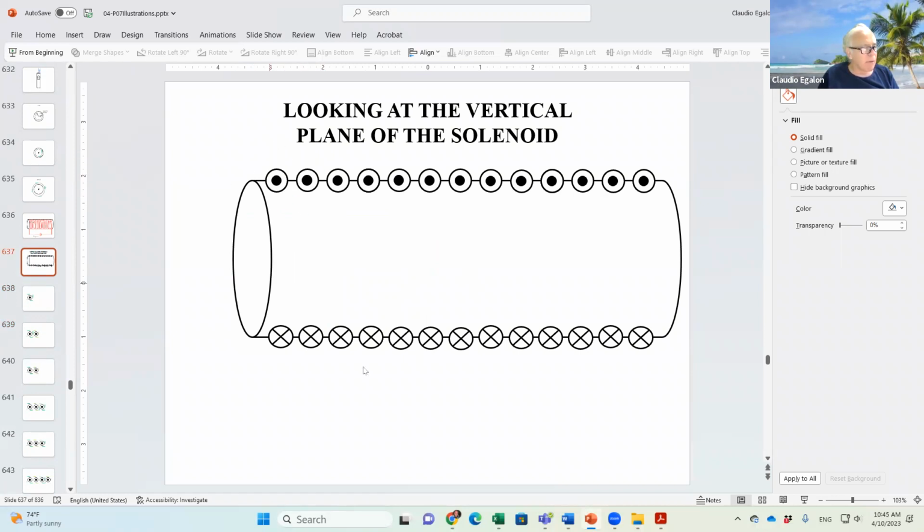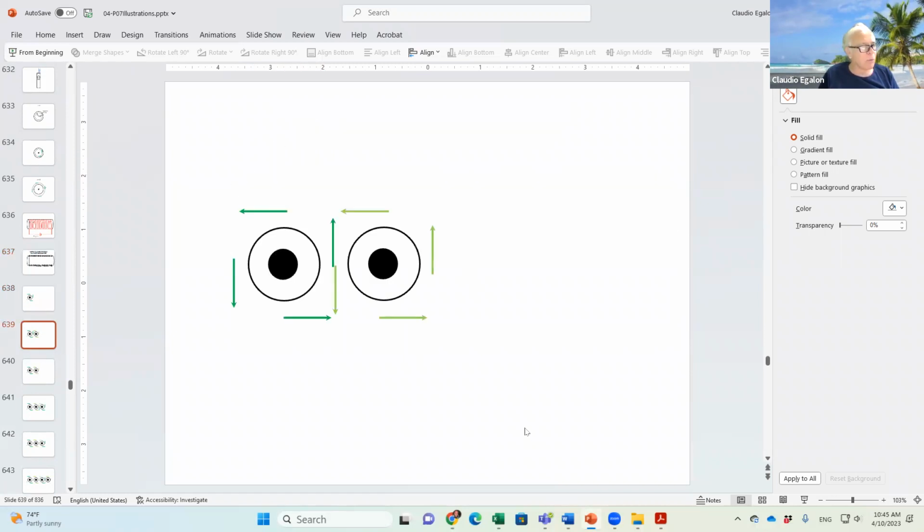Something interesting happens when you put one next to the other. Look what happens. The magnetic field of this wire at this spot is going to be upwards, but the magnetic field of this other wire at this spot is going to be downwards. Consequently, those two fields are going to cancel out. Make sense?